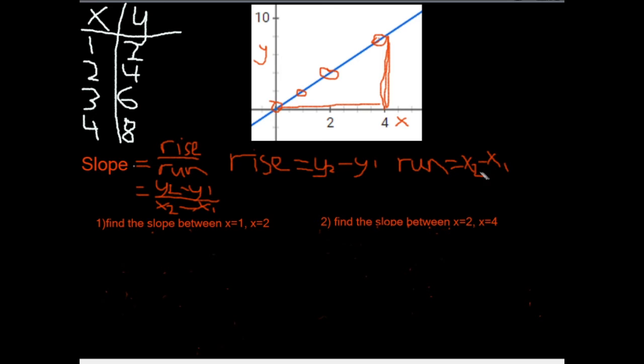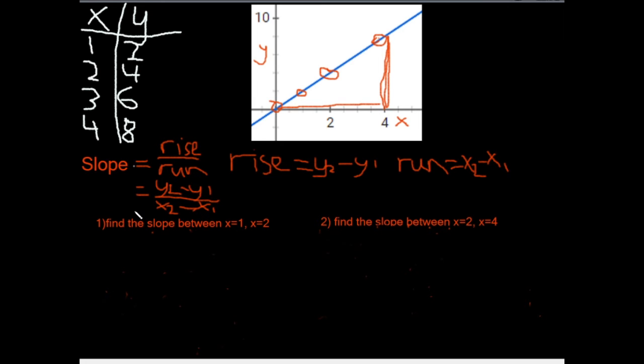Run is defined as x2 minus x1. And the slope is the rise divided by the run, to give you the rate of change of the graph. The 2 is the value on the most right. So y2 corresponds to the value of x2, and x2 will be the most rightward one here.